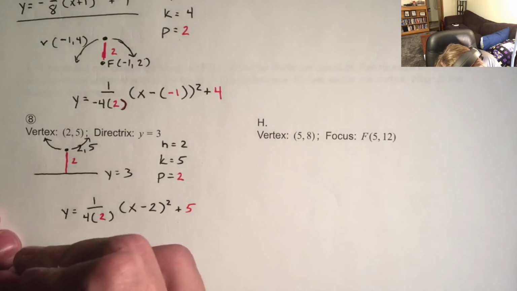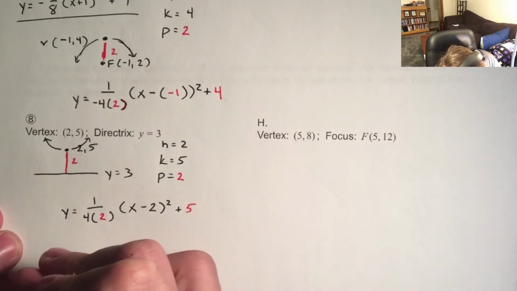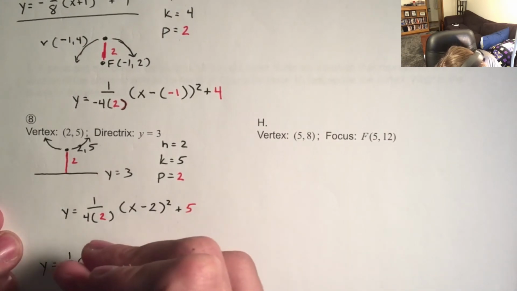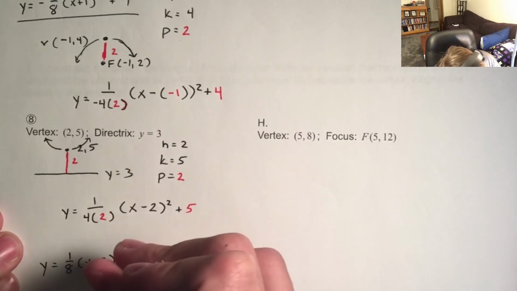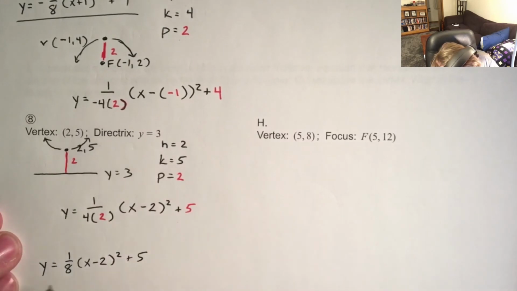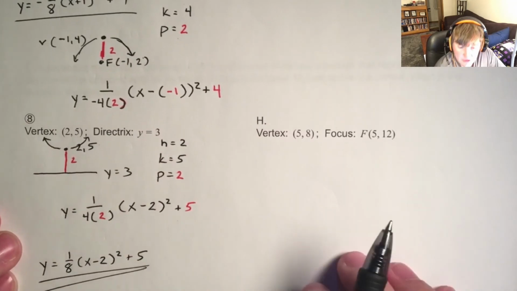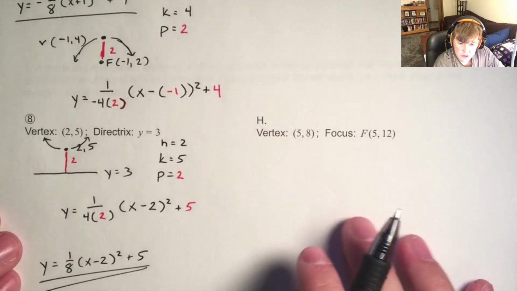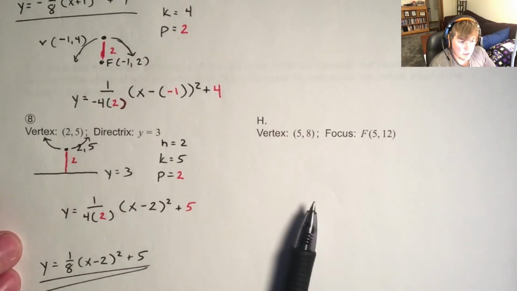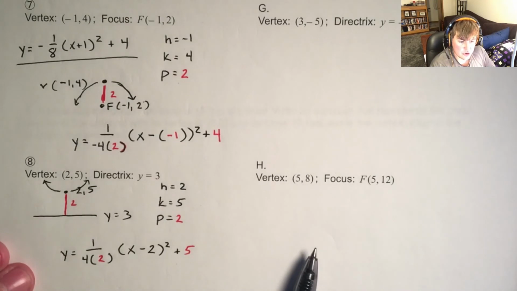Meaning that the final equation is y is equal to 1/8 x minus 2 squared plus 5. And again, that's in our vertex form that we dealt with at the very beginning of the chapter, so that's pretty good. Okay, I'm going to pause the video now, and I would like you to try G and H on your own.